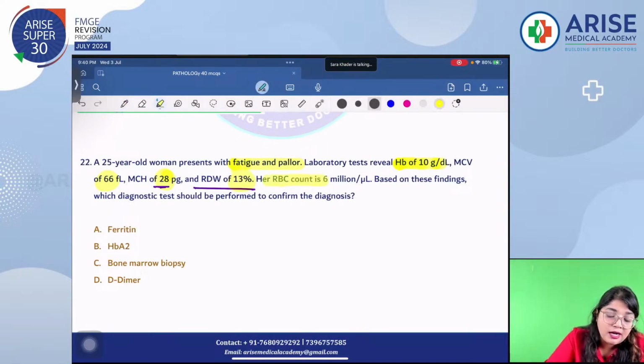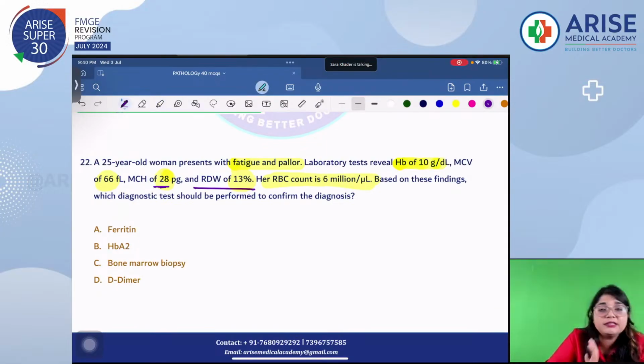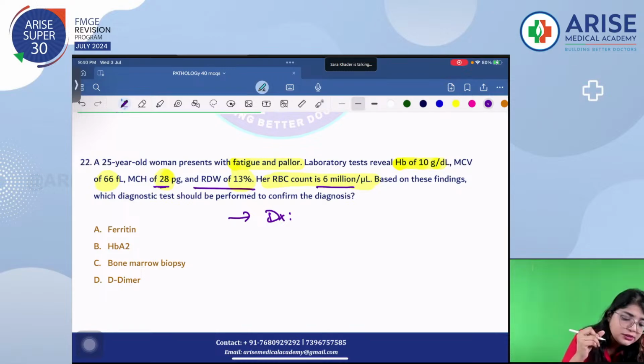RDW is in the normal range, and RBC count, the normal is 5, around 5 million. So this is 6 million. So can anybody tell me, what is the diagnosis? What do you think is the diagnosis?